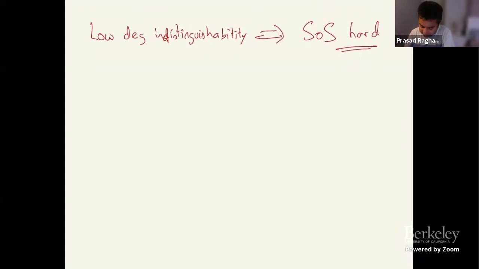In particular, it should technically imply many of the SOS lower bound questions that I asked earlier in these lectures. But there's a whole lot of literature on this. Maybe I'll talk about it a little bit later if we have time, if you have interest.